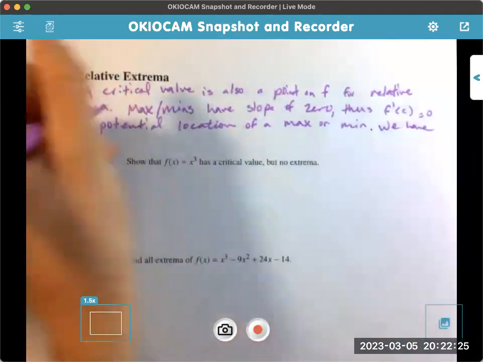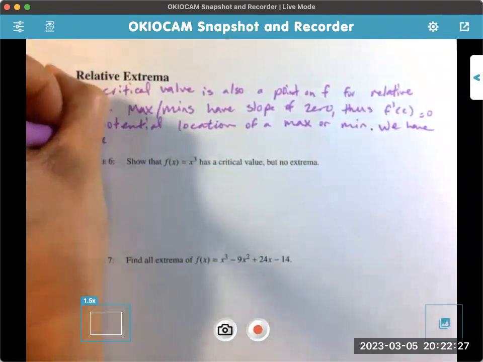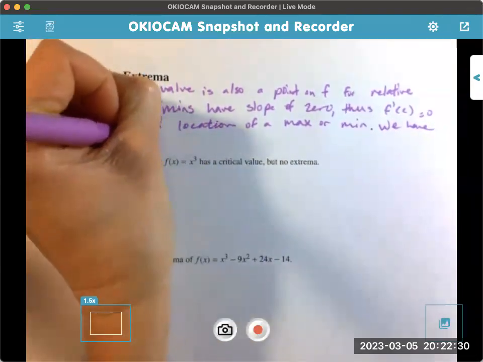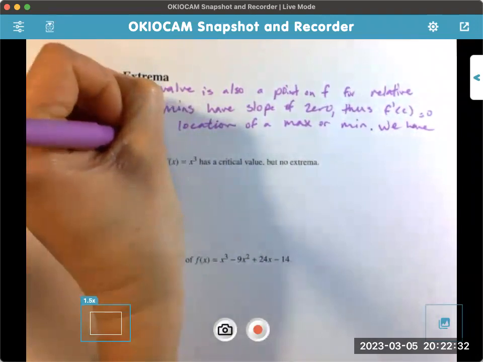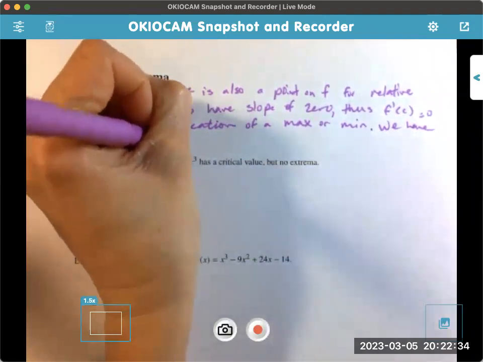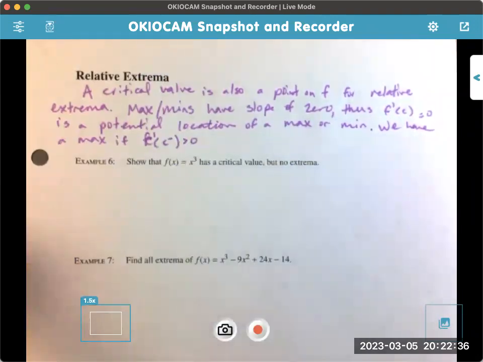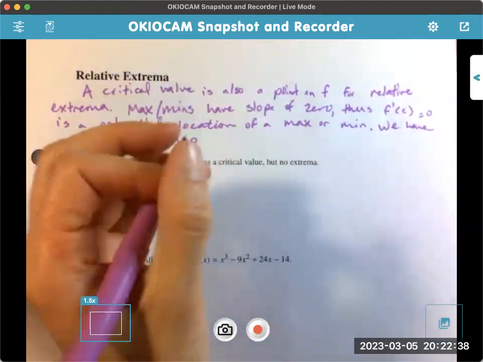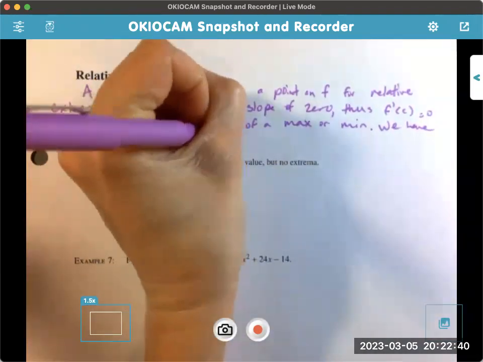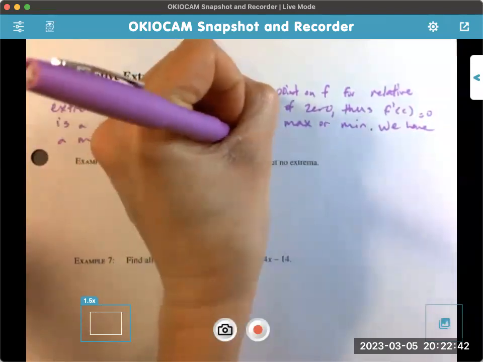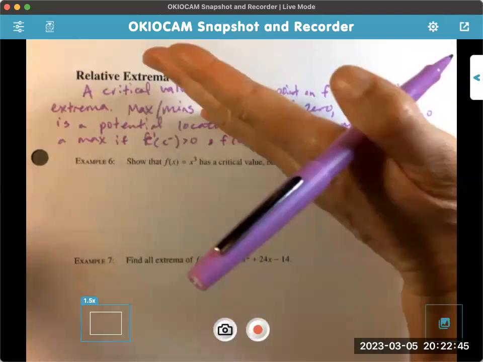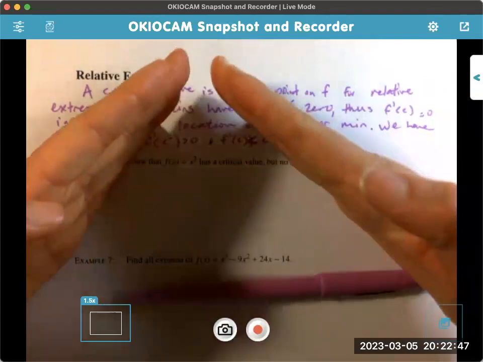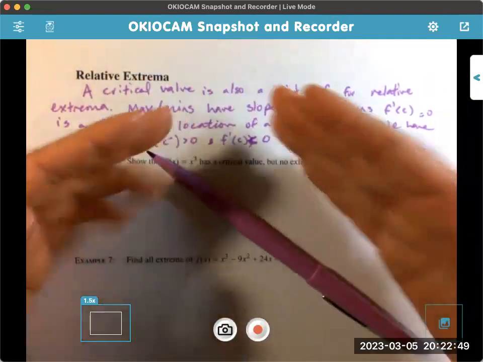We have a max if f prime of c on the left is positive, meaning going up, and f prime of c on the right is less than 0, meaning going down. So we form this mountain type thing, right?